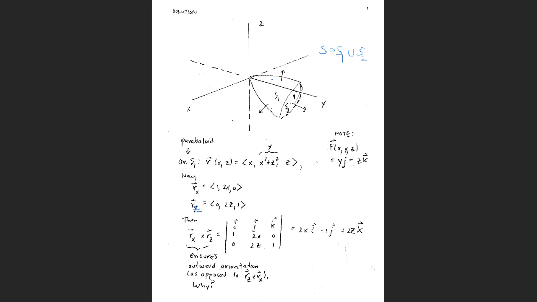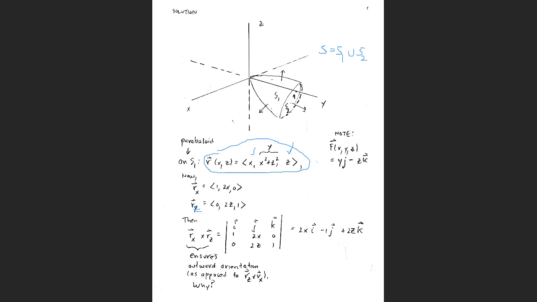All right, the parameterization of the paraboloid. We know that for the paraboloid, y equals x squared plus z squared. That defines the paraboloid. So then just let x be x and z be z.